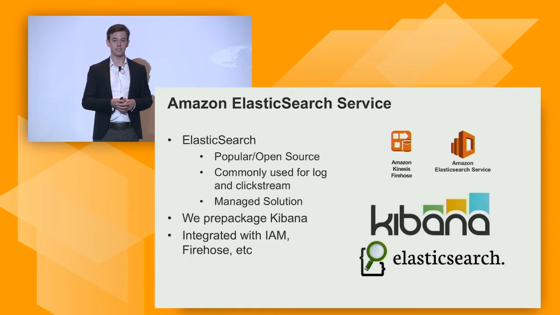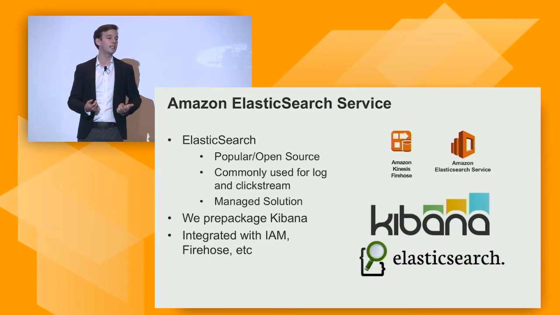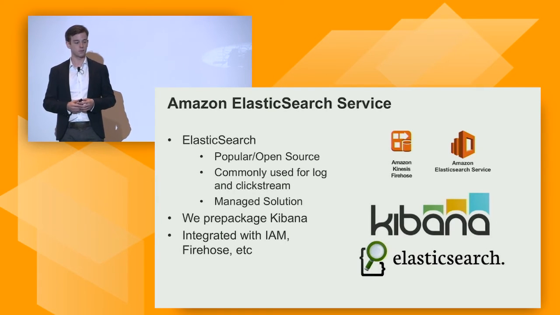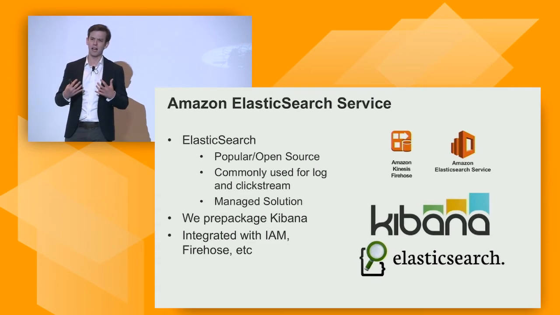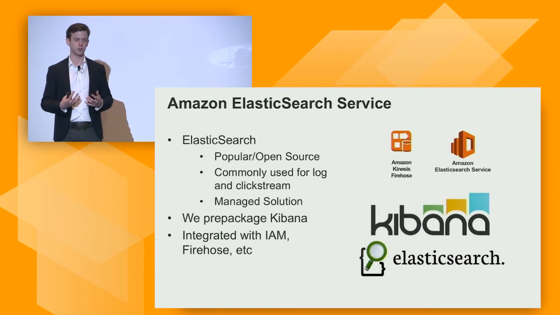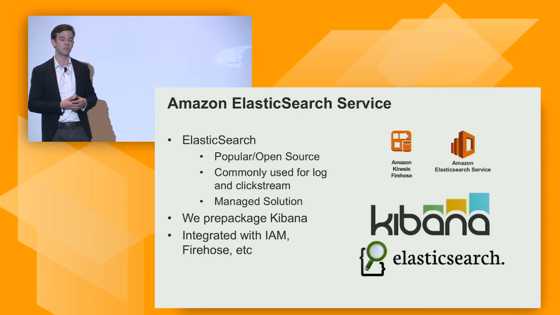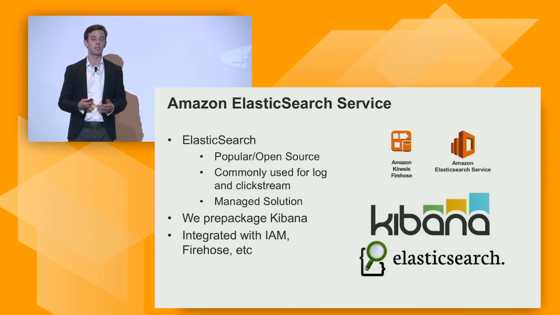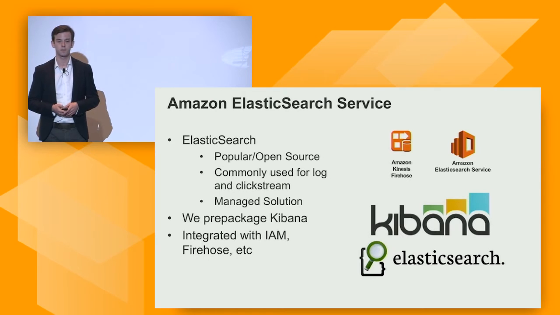Much like RDS, the Relational Database Service, we take care of the installation, management, and upkeep of an Elasticsearch cluster. We also pre-package it with Kibana for visualizations. We integrate it with IAM roles to make it more simple for you to manage and control access inbound to your platform. And it has built-in support for things like Kinesis Firehose for the actual data load-in the first place.